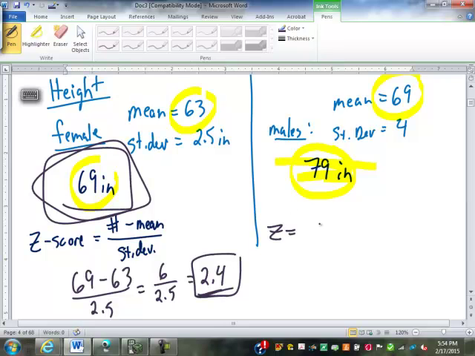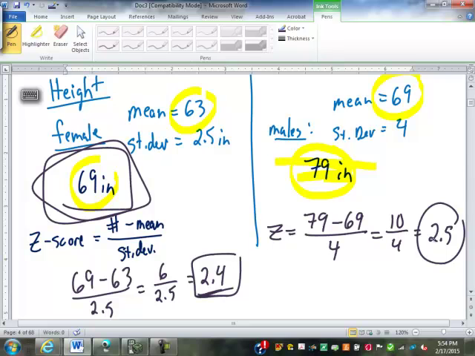So now we're going to do the same over here. Find the z-score. Well, this person is 79 inches tall minus the mean of 69 inches, divided by a standard deviation of 4. Well, 79 minus 69 is 10. Divided by 4 is 2.5. This person is 2.5 standard deviations above the mean for their group.